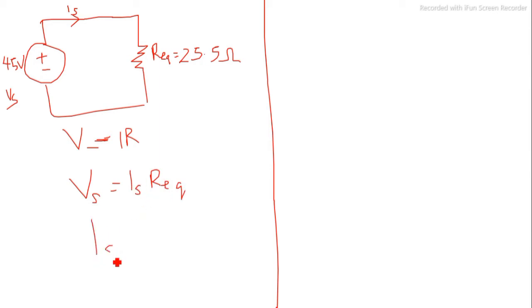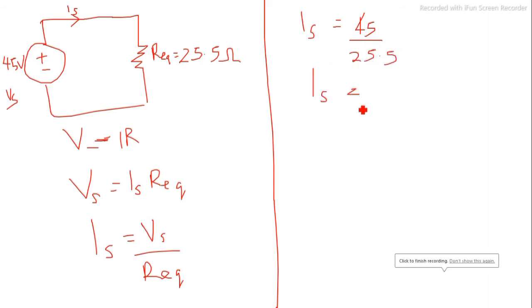That means your I source now equals what? Your V source divided by R equivalent. So V source is 45, divided by your R equivalent, which is 25.5.